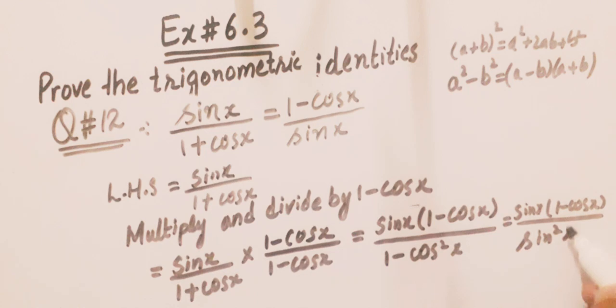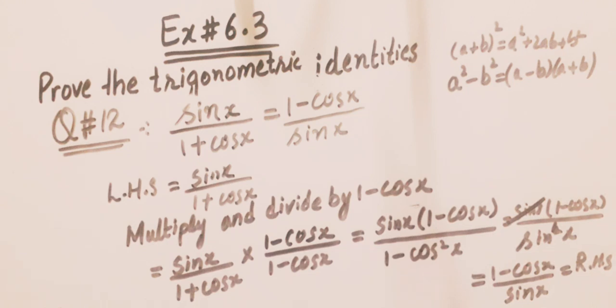So this sin² x will be cancelled by this sin x, and we have 1 − cos x by sin x, and this is equal to the right hand side. We have proved that sin x by 1 + cos x is equal to 1 − cos x by sin x.